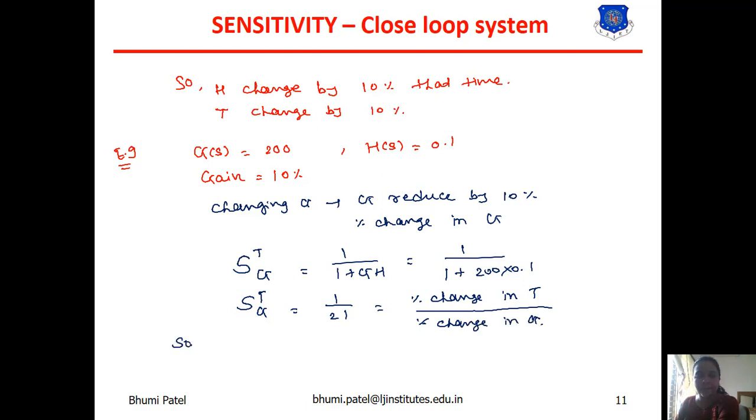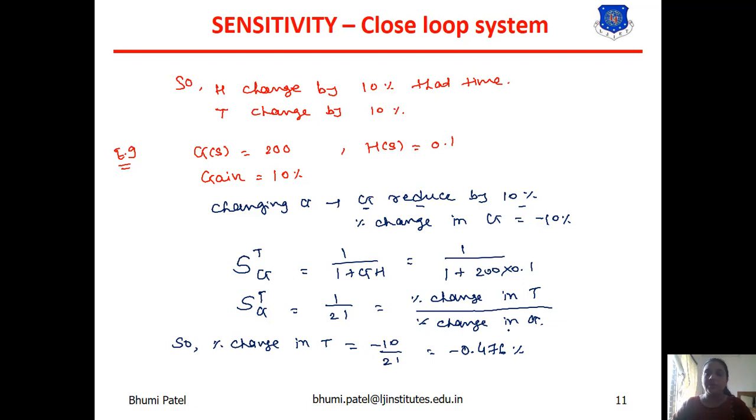So the percentage change in transfer function is equal to, here the change in gain G is minus 10% because G is reduced by 10%, so we get minus 10 upon 21, which is equal to minus 0.476%.